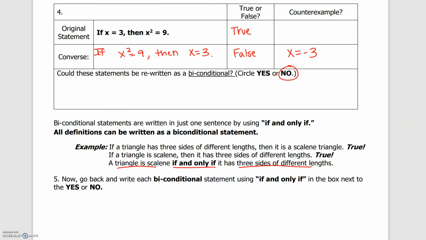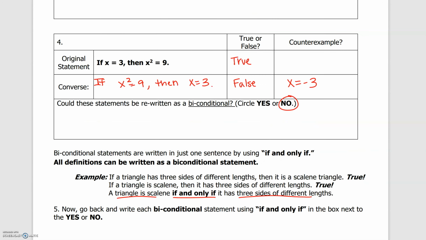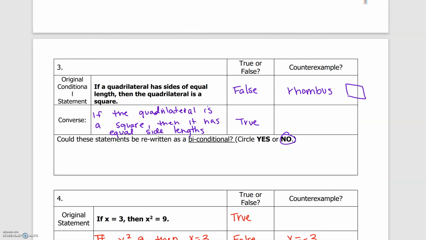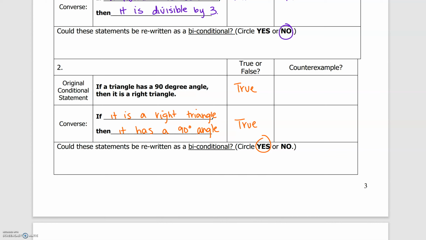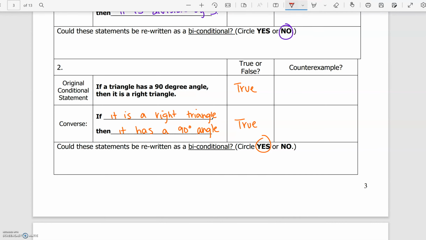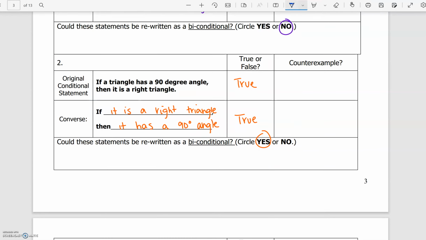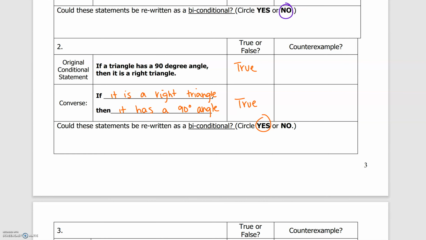So we're going to go back and write the if and only if statement, the biconditional, next to our yeses. So we have one yes. So we're going to come up here to this one. Every definition, you can write as a biconditional statement, and that's what this is right here, a right triangle's definition.